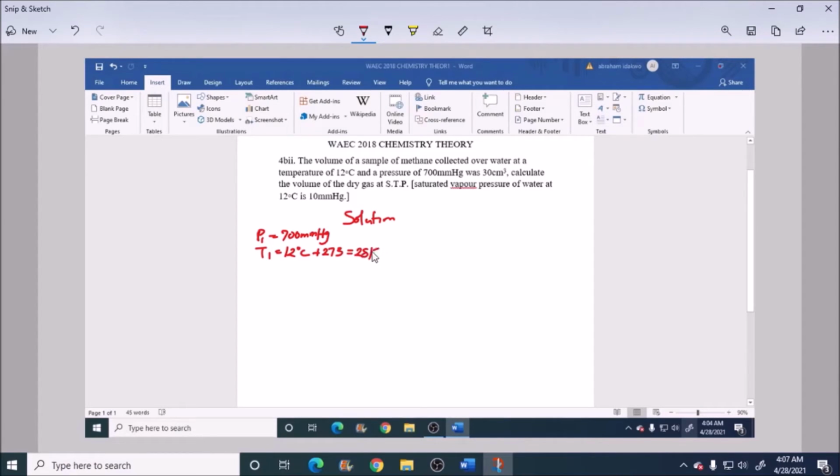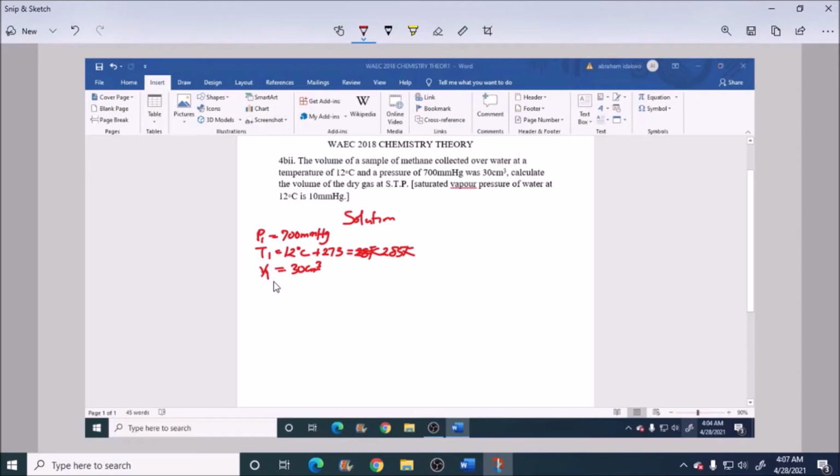So that is our T1, 285 Kelvin. Then from the first statement again, the volume V1 is equal to 30 centimeter cube.